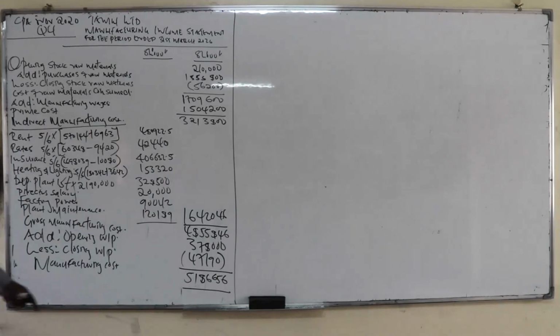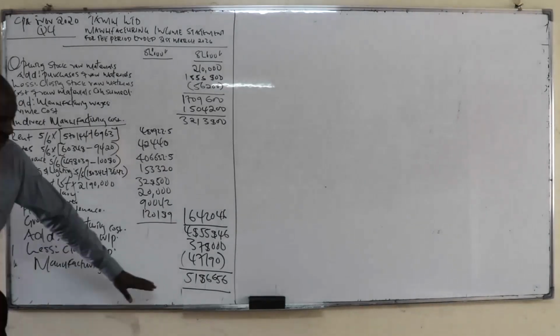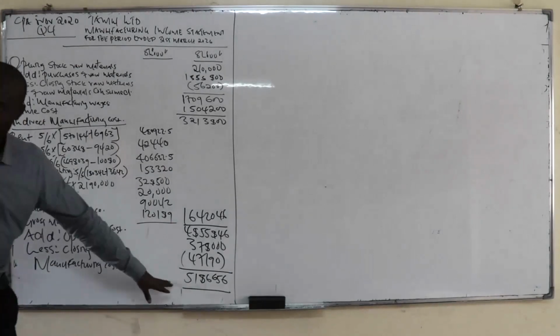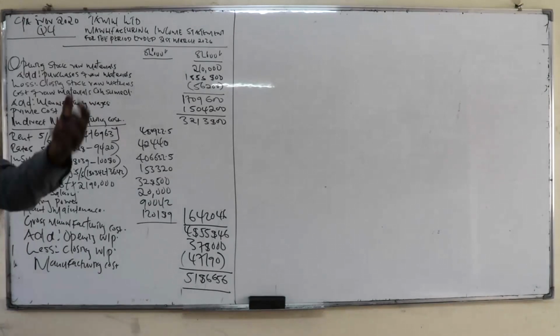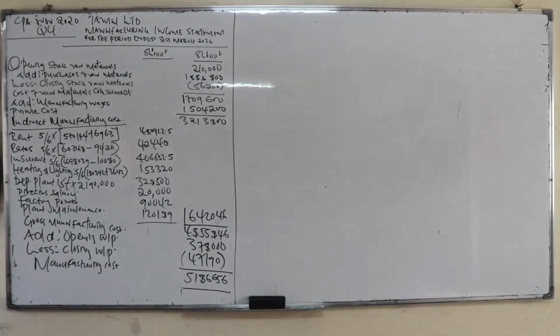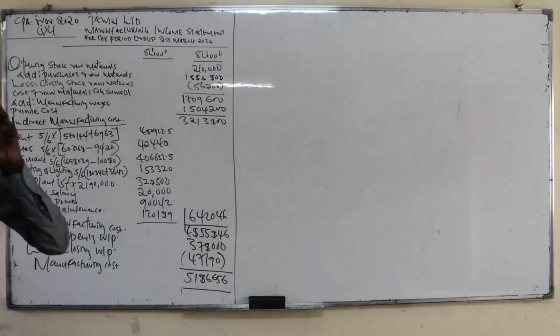So we have determined the cost of manufacturing. In some other question, you find that you don't end at this point. You also add a profit on the manufacturing cost so that you transfer the goods to the factory warehouse at market value. They can tell you 20% markup. So the company's policy is to add a markup of 20% on the manufactured goods.